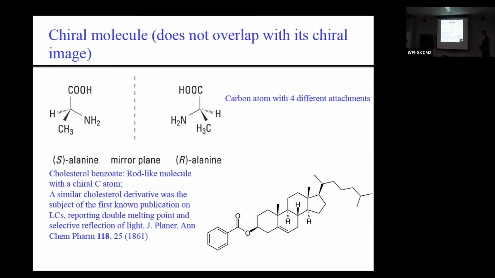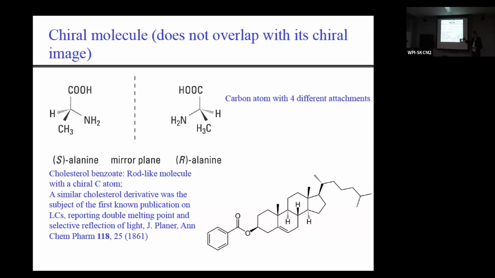Okay, so we have seen that chiral mirror symmetry breaking, which can happen just because of the presence, as an example, of these chiral carbon centers, can lead to diverse forms of organizations, right? We saw the cholesteric phase or chiral nematic phase.